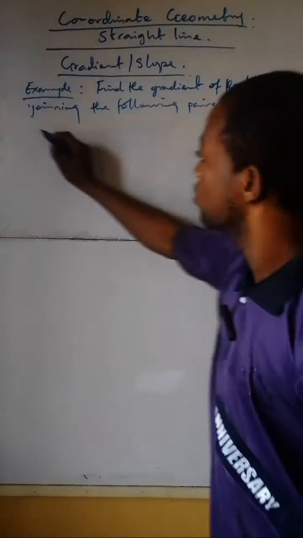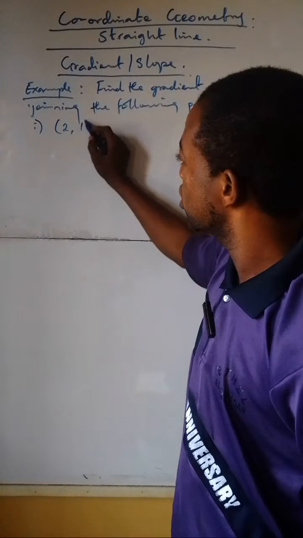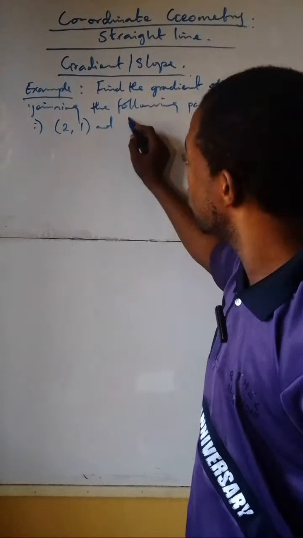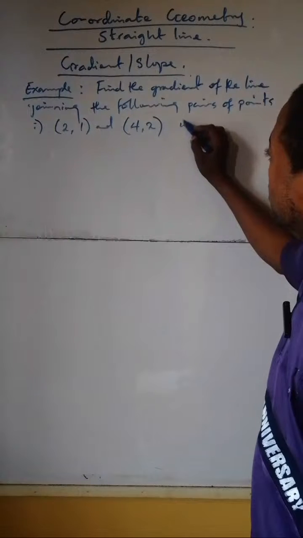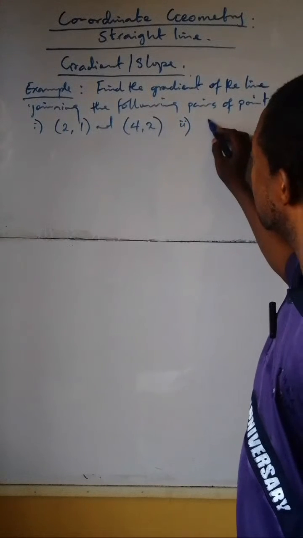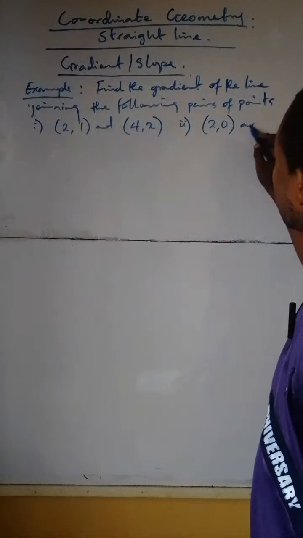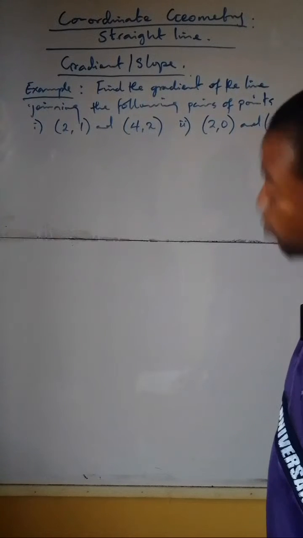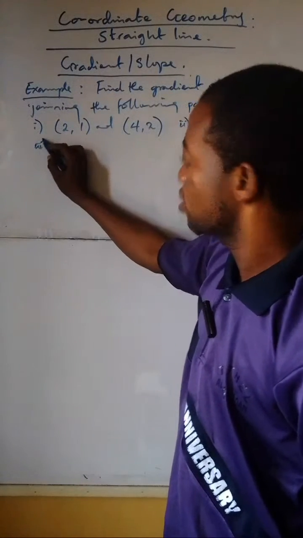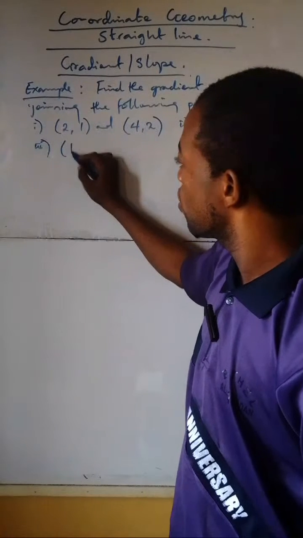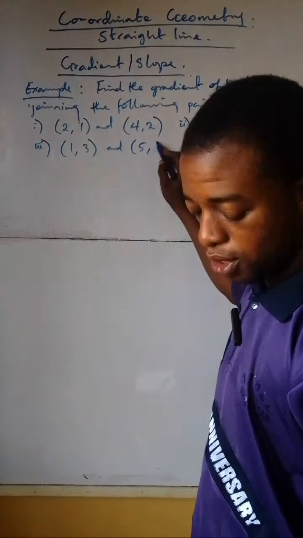The first one here, we have point 2, 1, and point 4, 2. Then the second one here, we have point 2, 0, and point -1, 3, and also the third one, we have point 1, 3, and also we have point 5, 3.